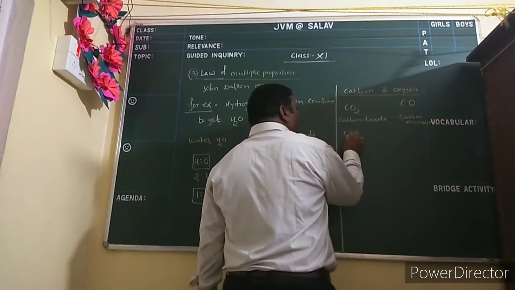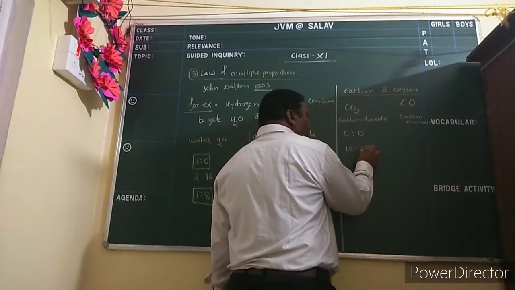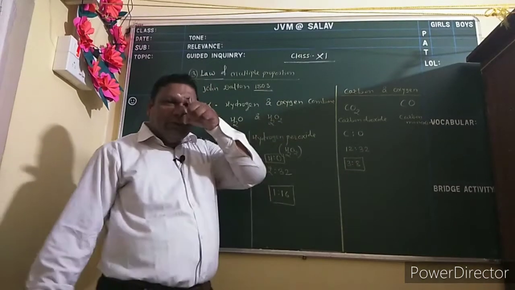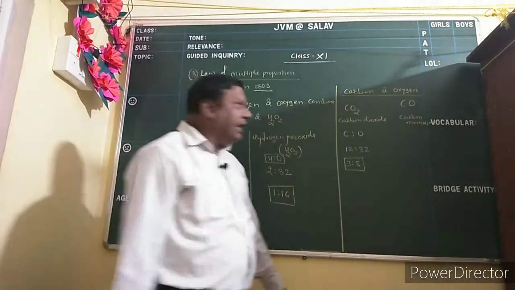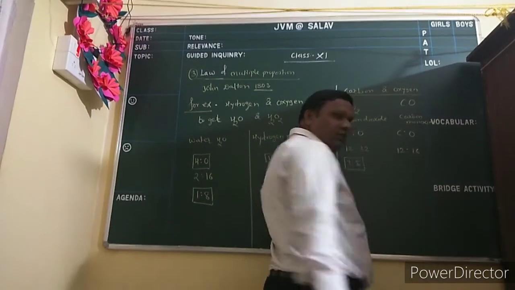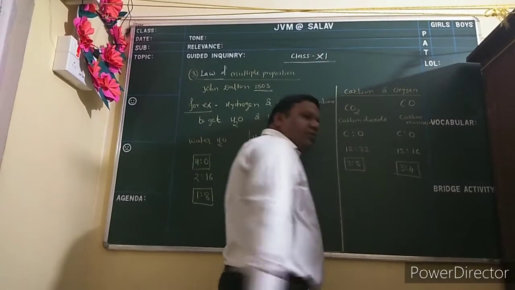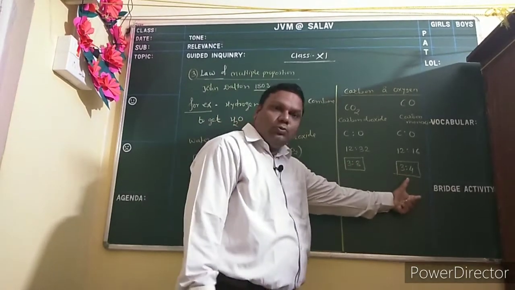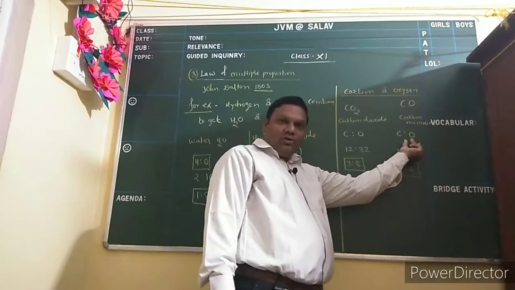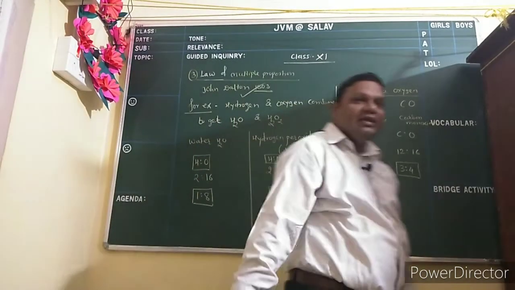In carbon dioxide, carbon to oxygen is 12 to 32, which means 3 to 8. And here, carbon to oxygen is 12 to 16, which means 3 to 4. Understood the point? Here the proportion is 3 to 8, 3 to 4. The elements are the same, carbon and oxygen, but the proportion is different. It was discovered by John Dalton in 1803.